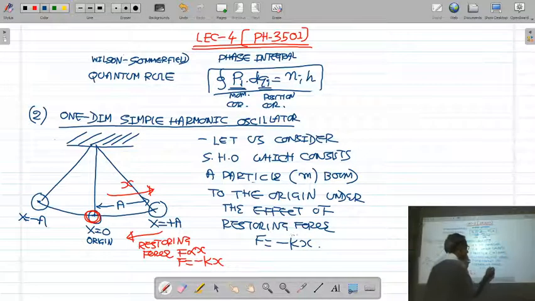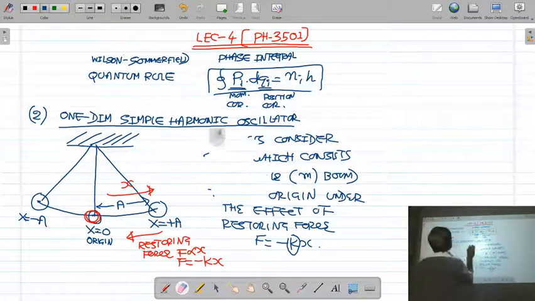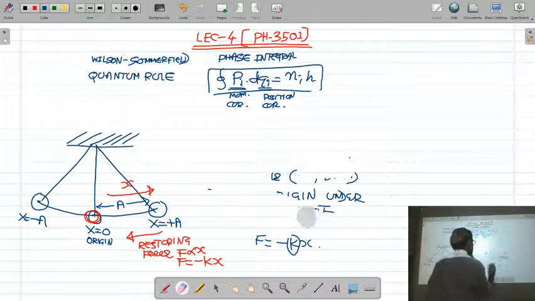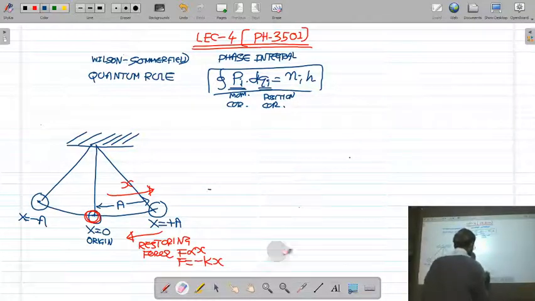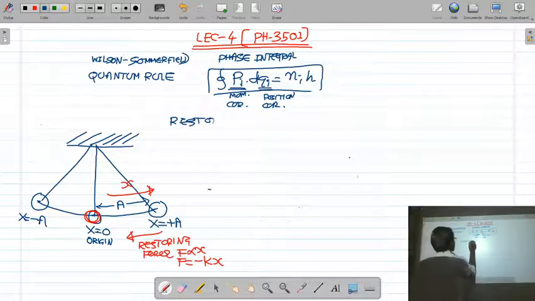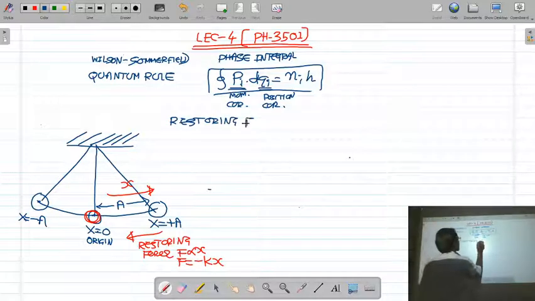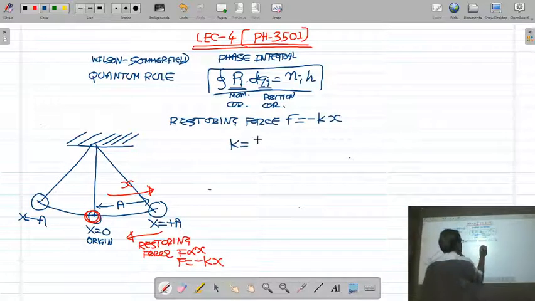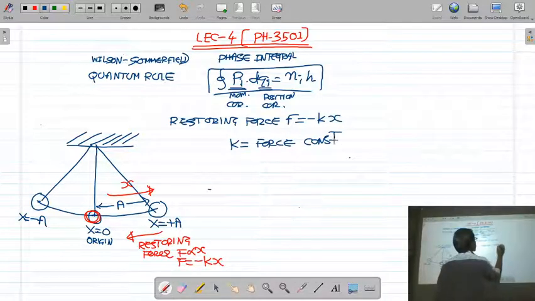Now what is this k? In F equal to minus kx, k is a force constant.